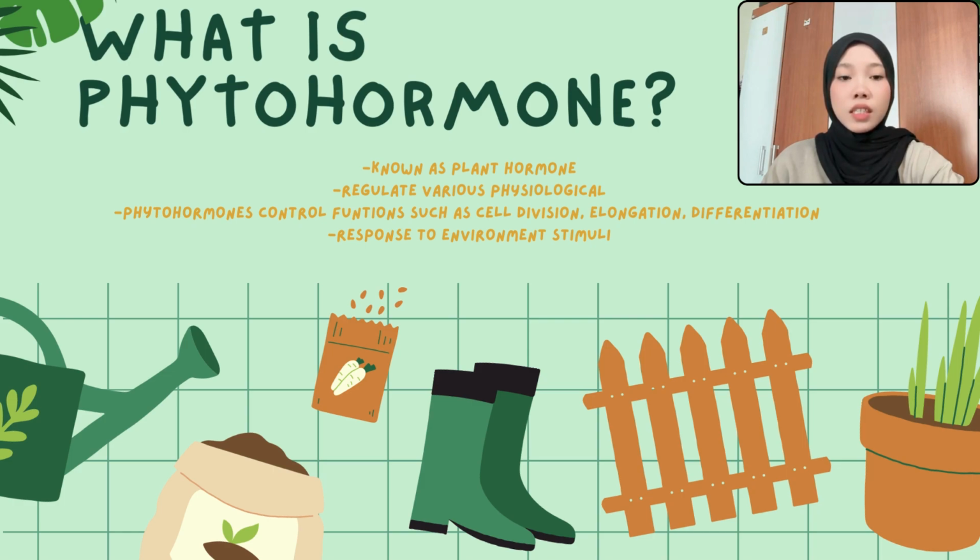For example, they allow plants to react to environmental stimuli like light, gravity, water, temperature change, and even physical damage. In short, phytohormones act as messengers that coordinate the whole life cycle of a plant, from seed germination to growth to flowering and finally aging.